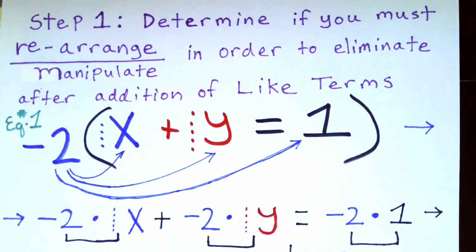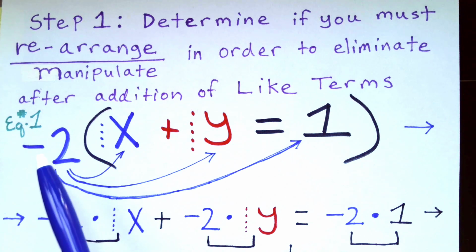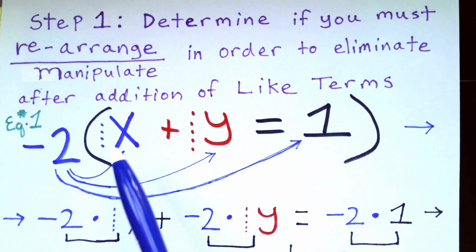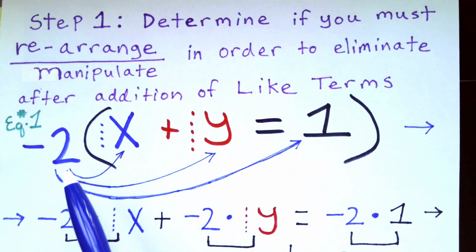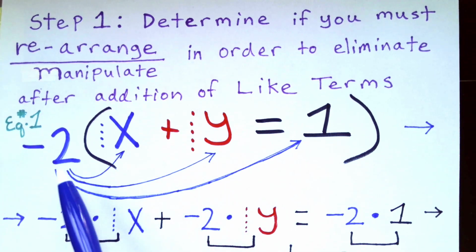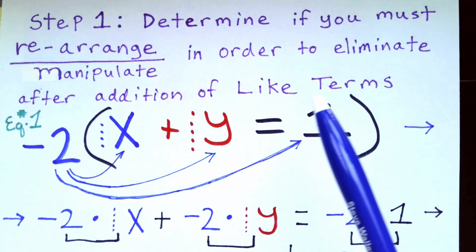All right, so I'm choosing to multiply each term by a negative 2. I'm distributing, the distribution property, simply multiplication. I'm going to multiply the negative 2 times the invisible 1x. I'm going to multiply this negative 2 times the invisible 1y. And I'm going to multiply this negative 2 times the constant 1.